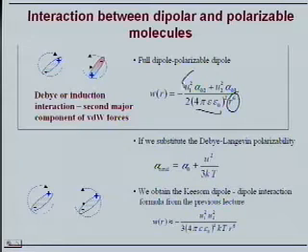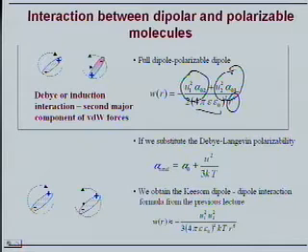And then here, this gives you the dipole moment of the first molecule times the polarizability of the second molecule. This is the polarization component which the first molecule exhibits on the second one. Plus the dipolar moment of the second molecule times the polarizability of the first molecule.